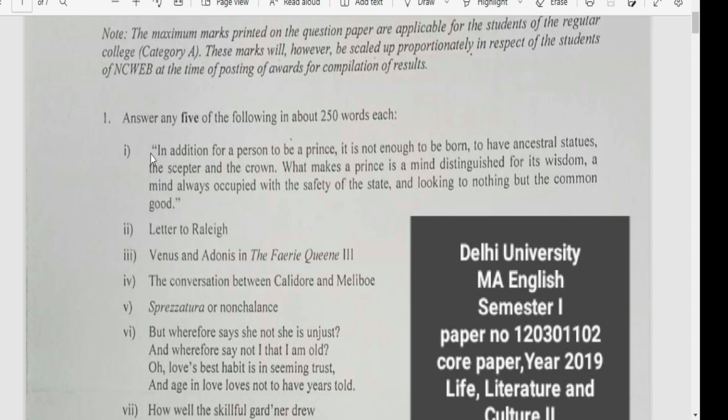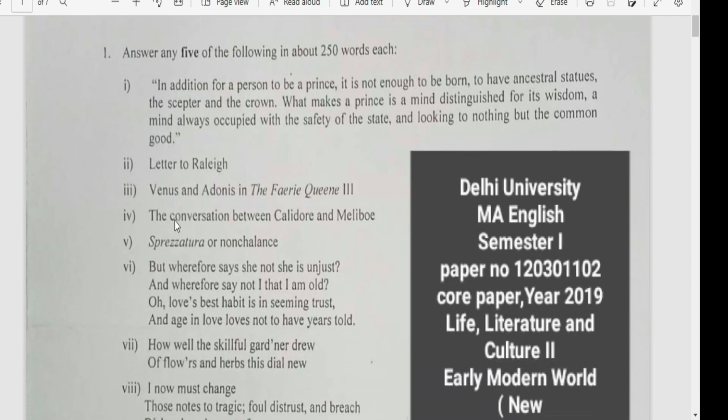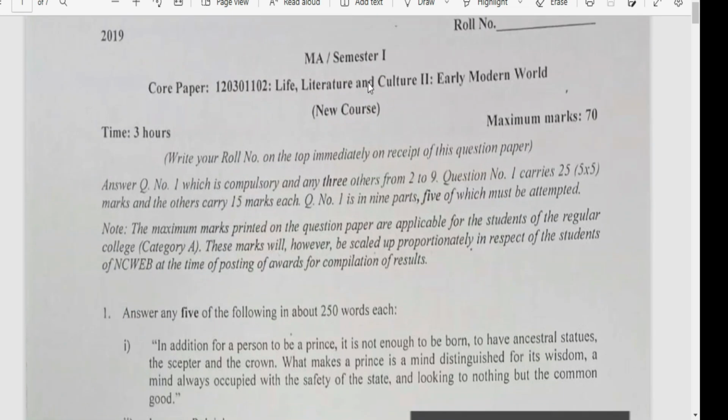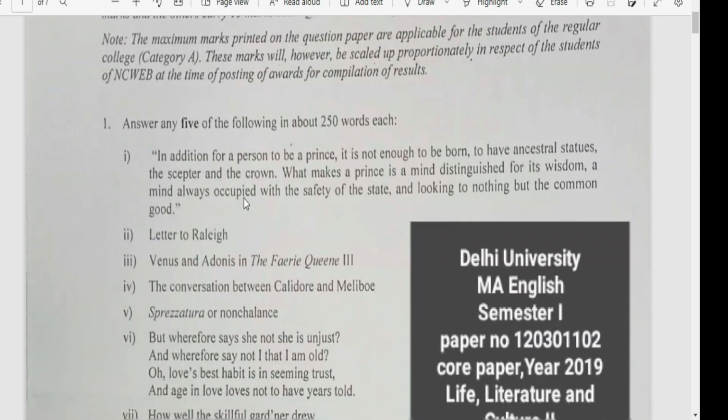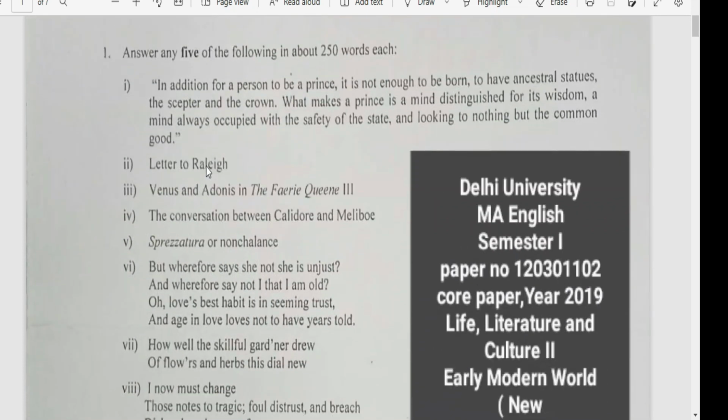You will find some quotations, some names of characters, some simple one-line statements. In question number 1, in inverted commas: In addition, for a person to be a prince, it is not enough to be born to ancestral status. The scepter and the crown which make a prince is a mind distinguished for its wisdom, a mind always occupied with the safety of the state and looking to nothing but the common good.